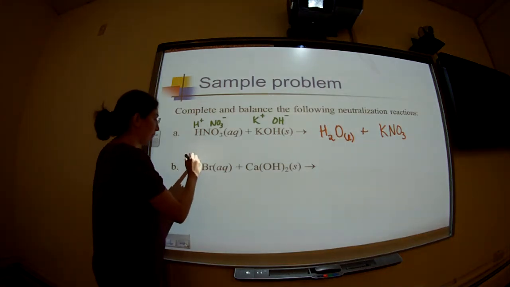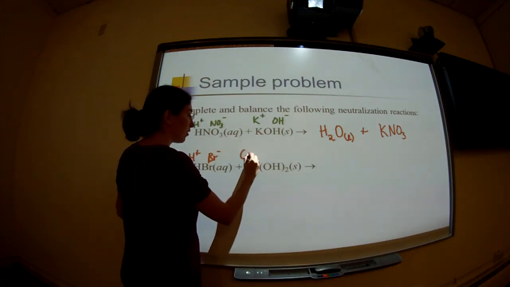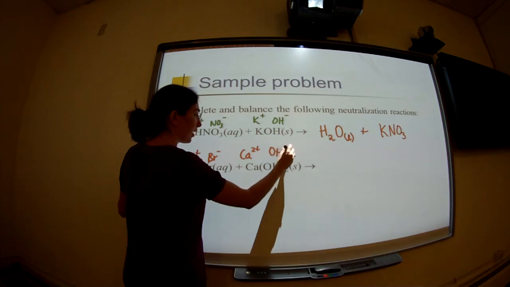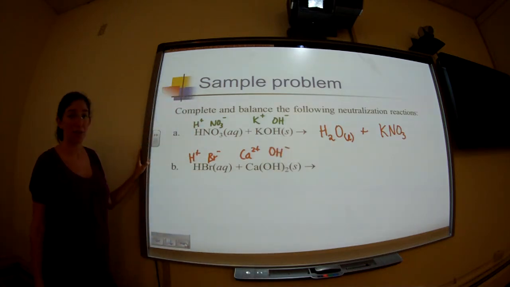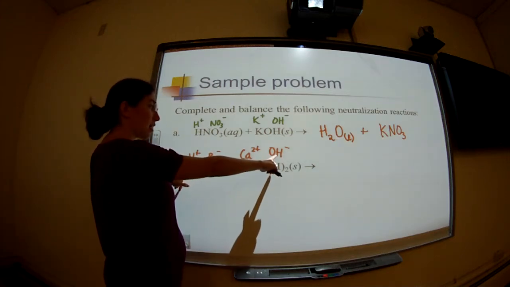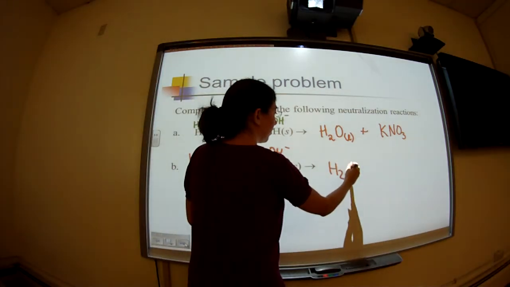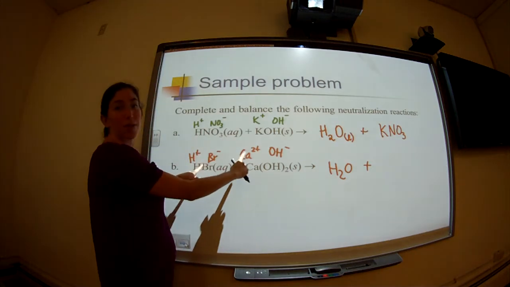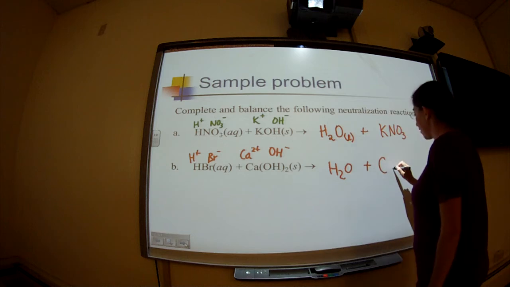Let's do this one now. I'm going to do my little Ca 2 plus and OH minus. Okay, so I can already tell we're going to have to do a little balancing for this one. So first, we'll switch partners and write down what our products are. Our products for this one are going to be water and calcium bromide. But can we write it like this?